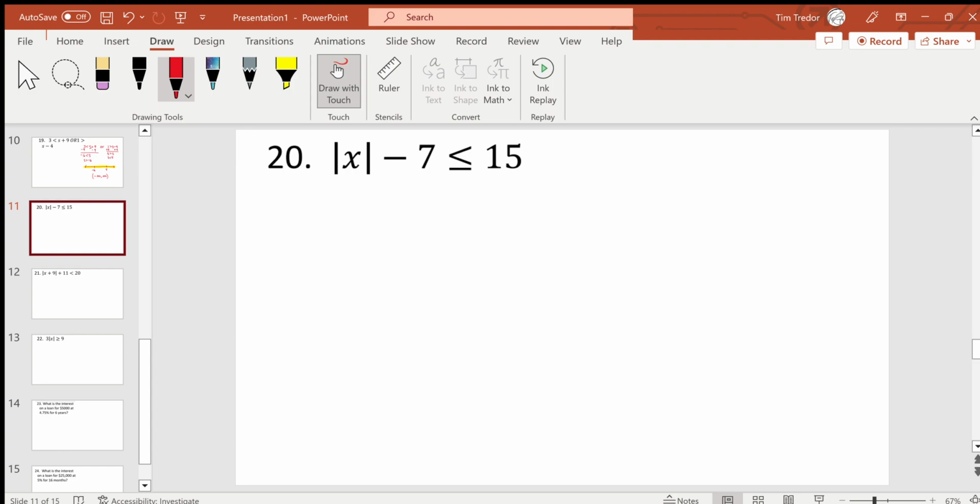All right, for absolute value inequalities, this first step is the same as with equations. You have to get the absolute value by itself. So I'm going to add 7 on both sides.